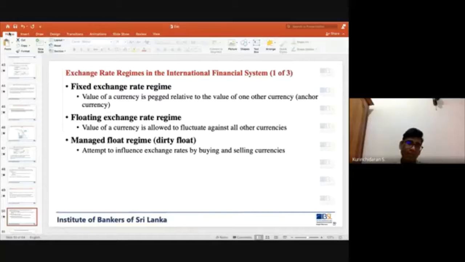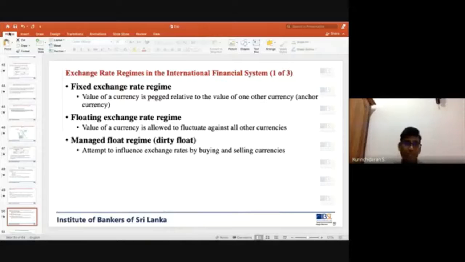Before World War One, the currency was always fixed to gold, the gold era. After the World War, it slightly changed and countries started to peg to the US dollar. Then some countries later relaxed, and Sri Lanka also relaxed.